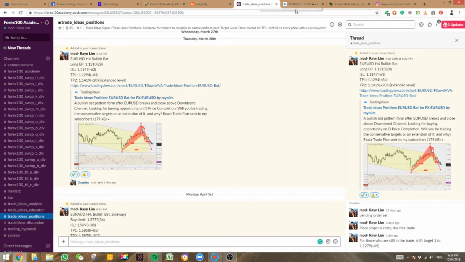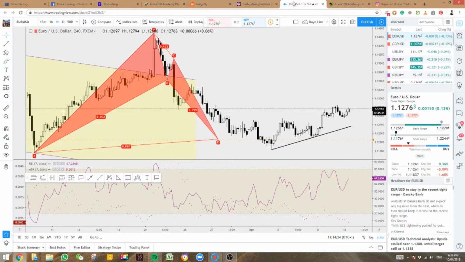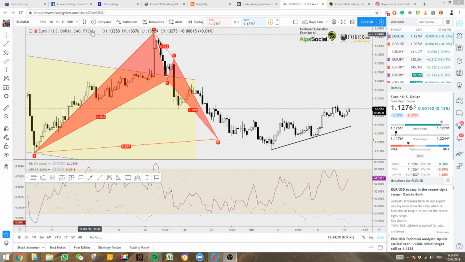So moving back to the analysis on Euro Dollar, there is a bullish bat. The market entered over here, we engaged somewhere over here, the market slid a bit, went back up, we tested, and it started to take this move. So for traders who are still in the trade, congratulations, it looks like it is positive right now.